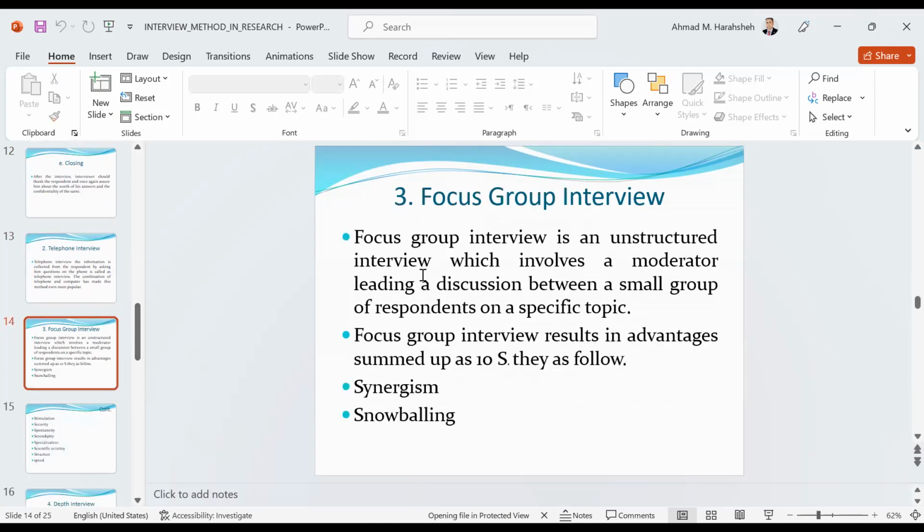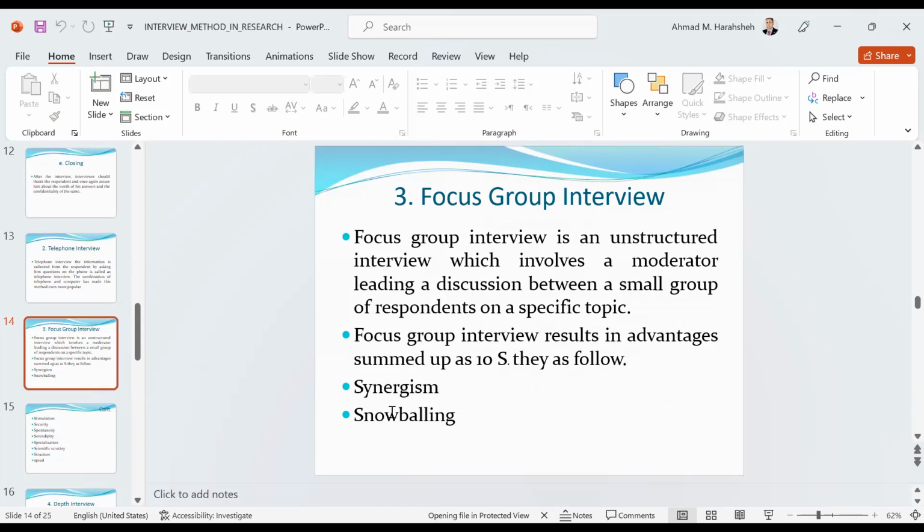Focus interviews زي ما اتفقنا, focus group interview is an unstructured interview which involves a moderator leading a discussion between a small group of respondents on a specific topic. Focus group interview results in advantages summed up to 10.